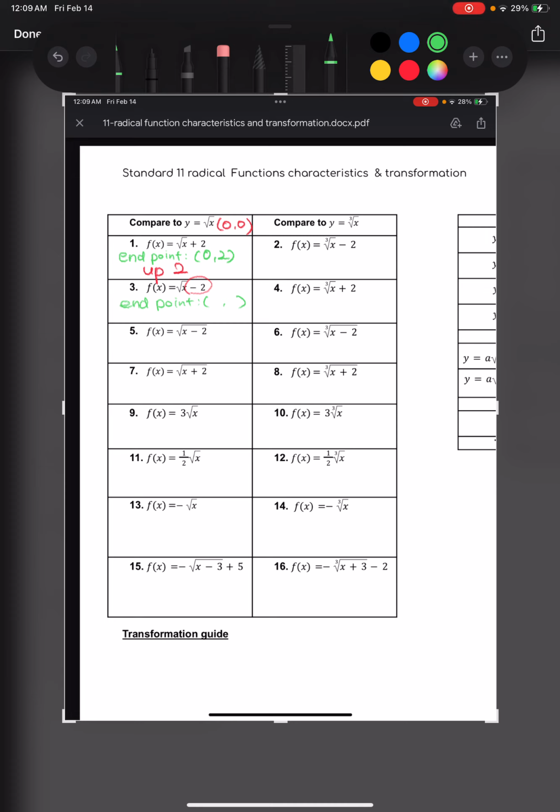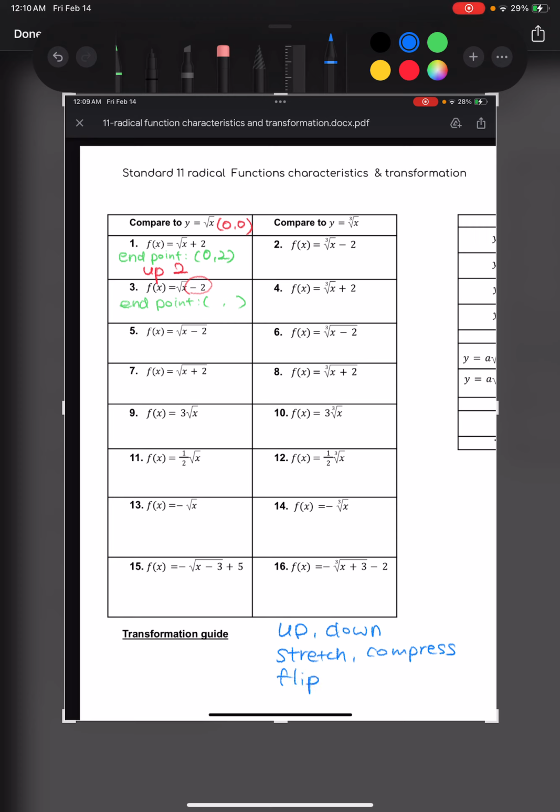I'm going to give you some word phrases here. You're going to use up, down, stretch, compress, flip.